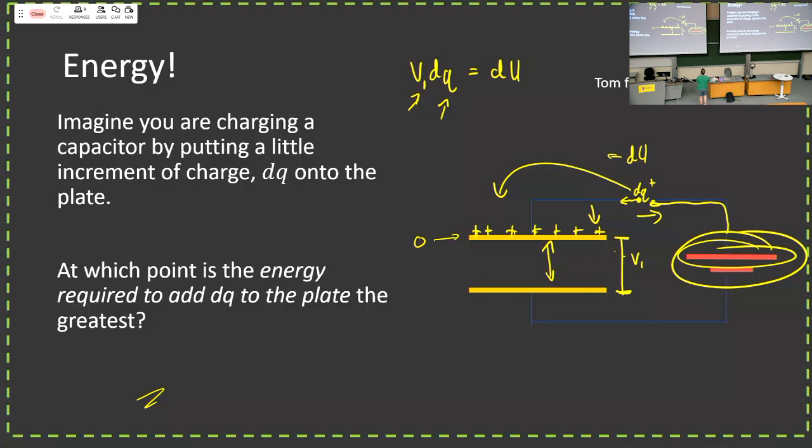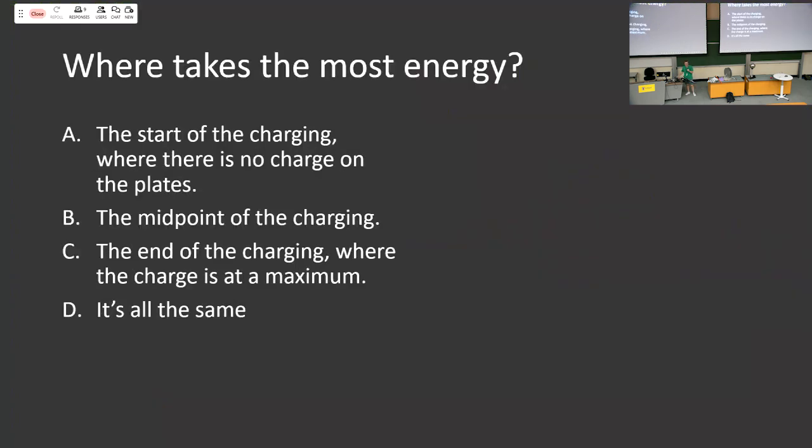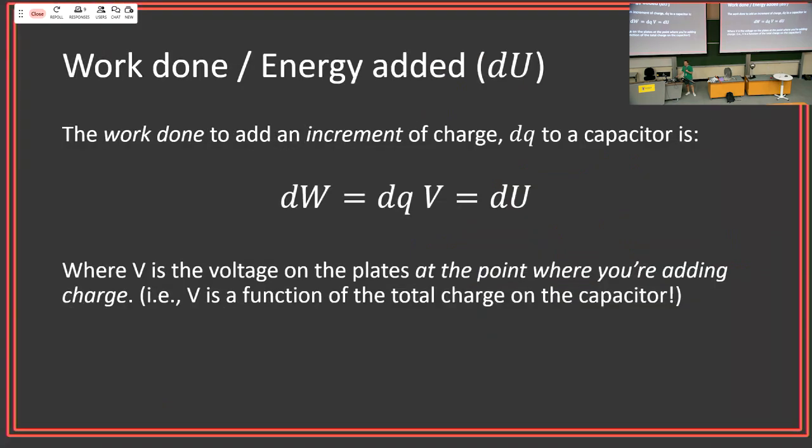And so if we're thinking, what's the cumulative amount of energy that we would have to have added to charge this capacitor? It depends on the charging process. All we can define for now is the work done to add an increment of charge, the work done to add a little bit more charge to a capacitor, which we'll call dW.